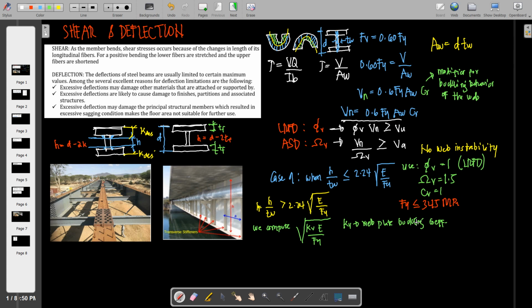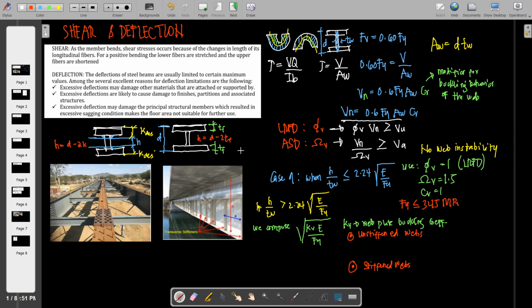So, we have two cases here. We have KV for unstiffened webs, and we have KV for stiffened webs. So what is the meaning of this?